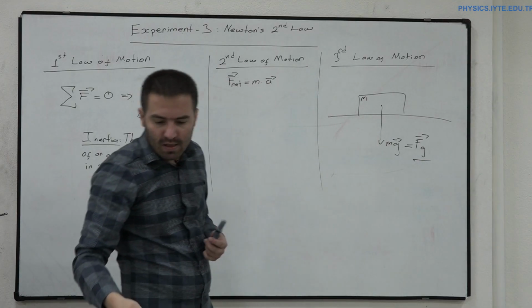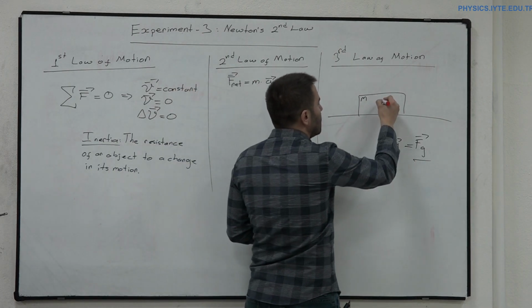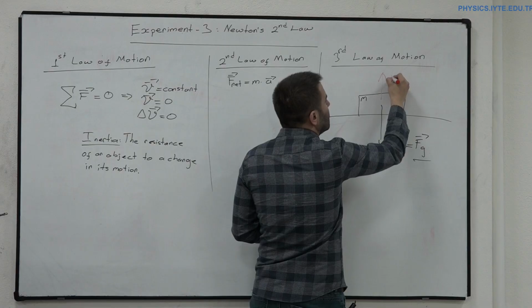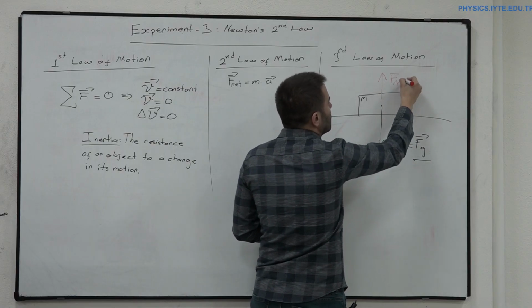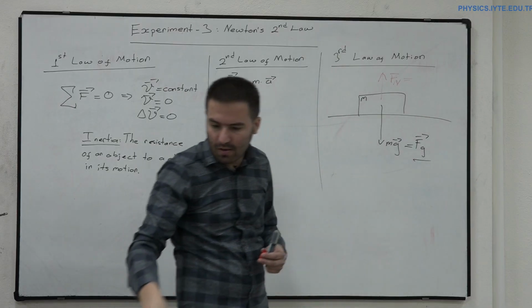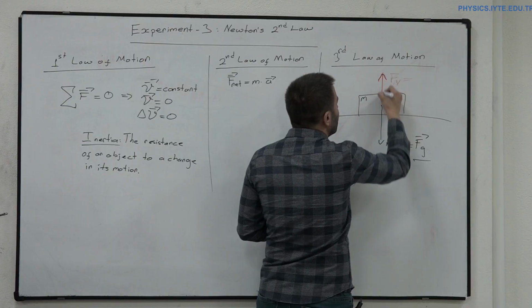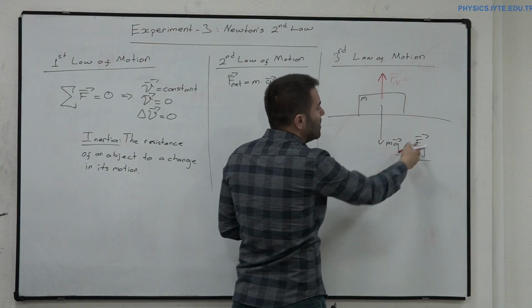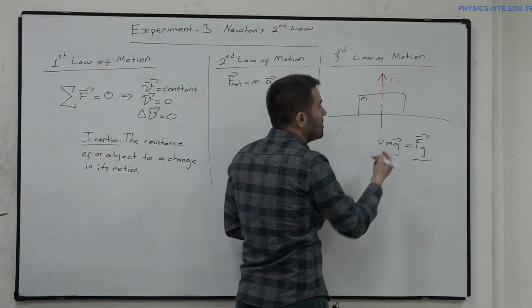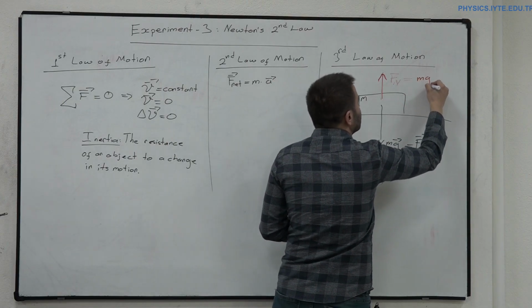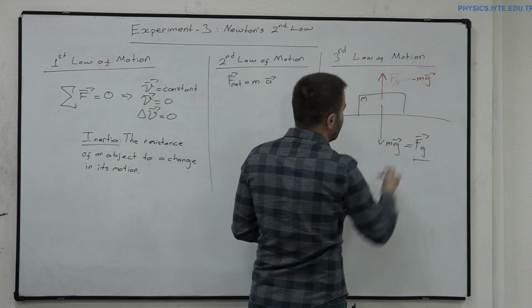As a result, the ground will push the object upwards with the same force, we call it F normal, which will be equal to the gravitational force in magnitude, but opposite in direction, which will be minus m times g. Of course, I have to put a minus sign here because it is opposite.